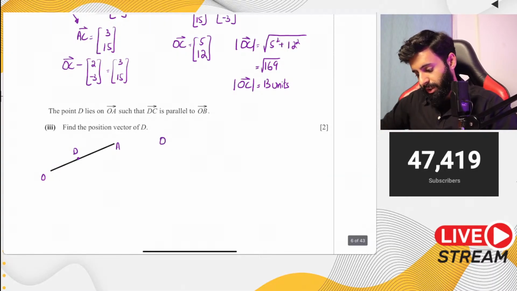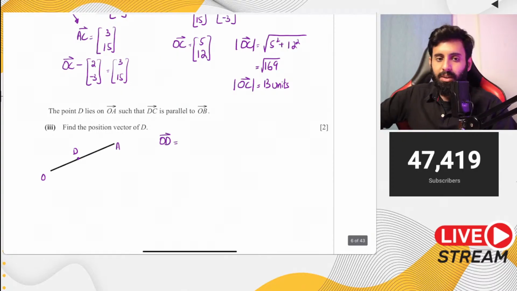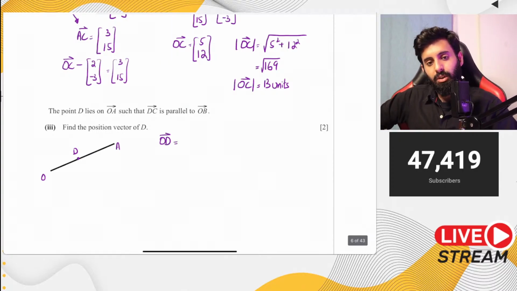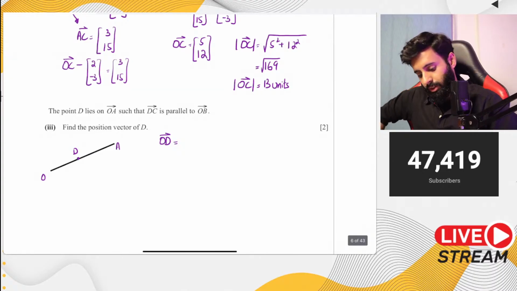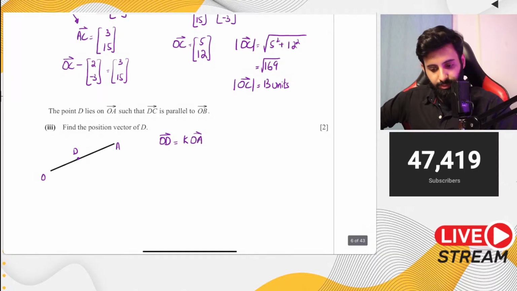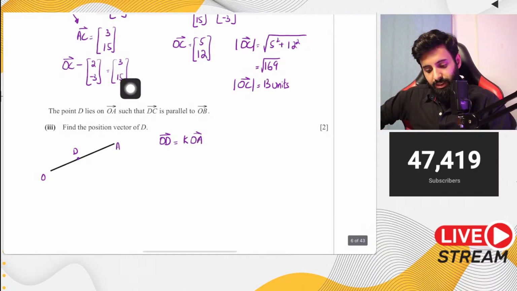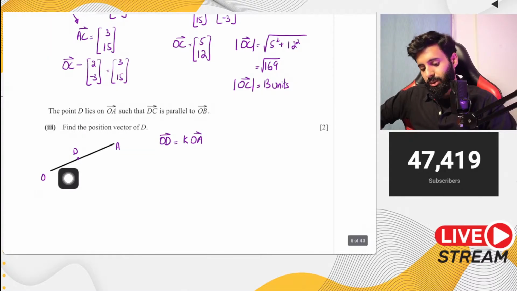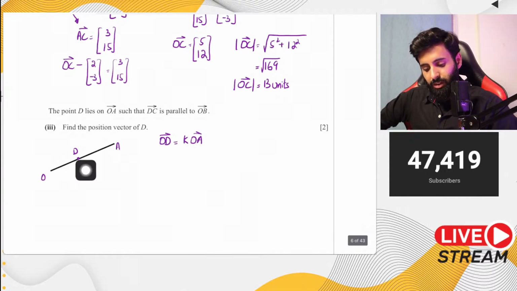That means OD is going to be some constant times OA. So OD is going to be equal to K times OA. Why is that? Because they're collinear. Since we don't know where exactly point D is, if D lies on OA, the vector OD is going to be some multiple of OA.